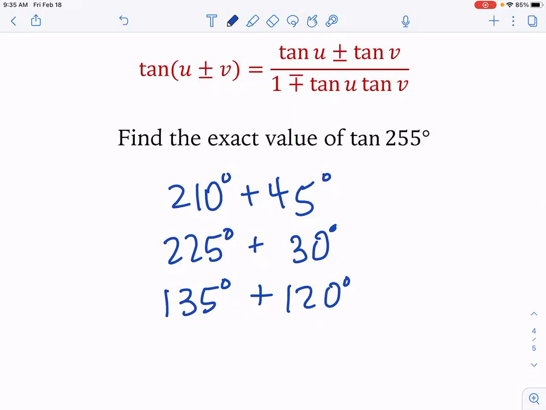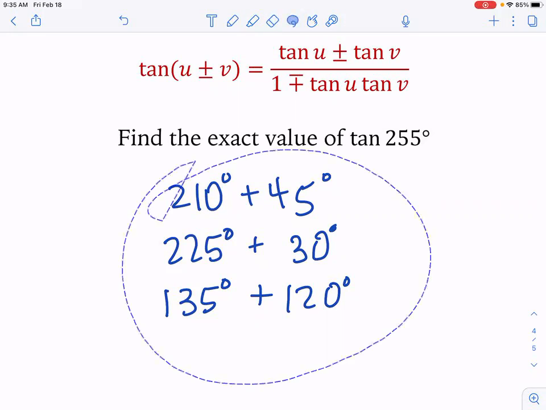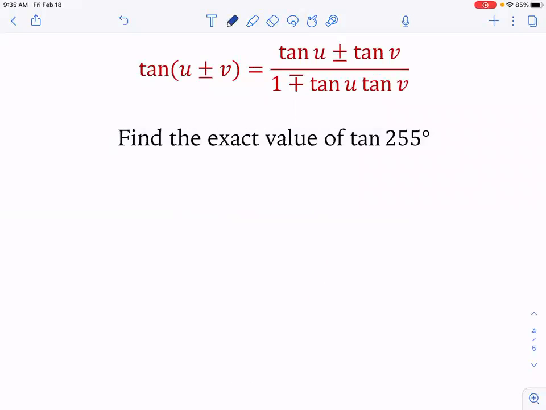So, which one do you want to choose? Okay. I'll choose. Let's do the tangent of 210 plus 45.